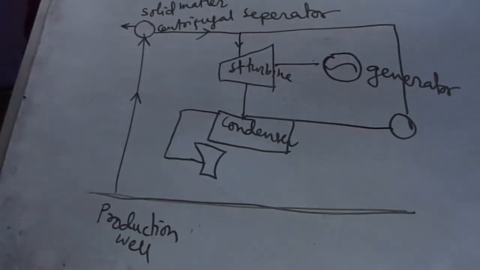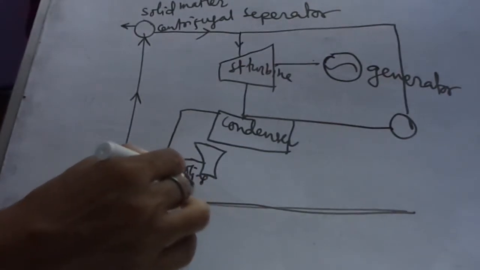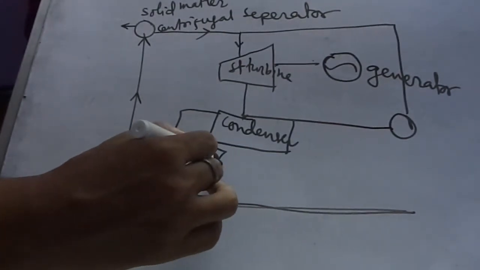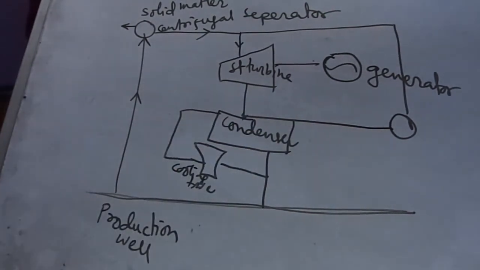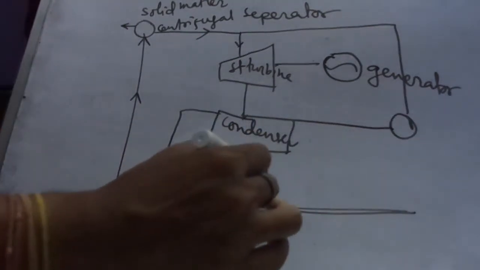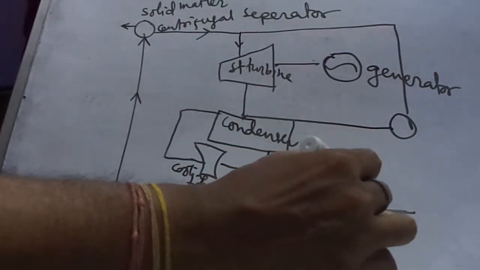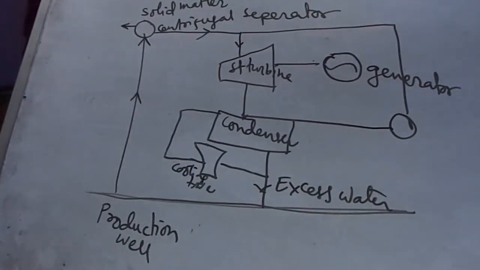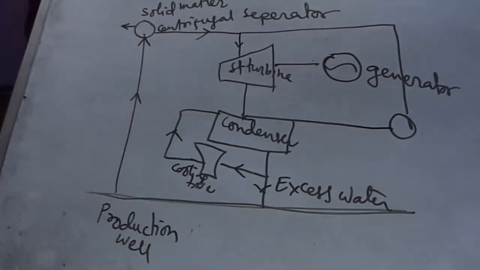and there is a cooling tower. This one is the cooling tower, and this one is the excess water that comes down, and goes along the line like this arrow, and there is the condensation process.